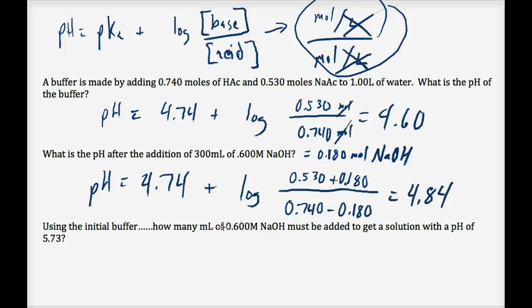If I can figure out how many moles of NaOH I need, then I can figure out the volume of NaOH I need. This is actually a very simplistic setup.